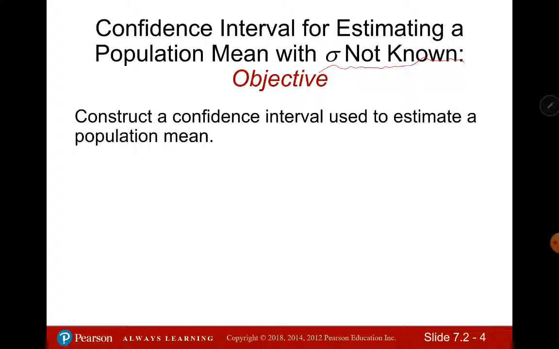But in most cases, it's almost impossible to get the sigma value for the population, because to get the standard deviation of the population, we would need to know each single value in the population.